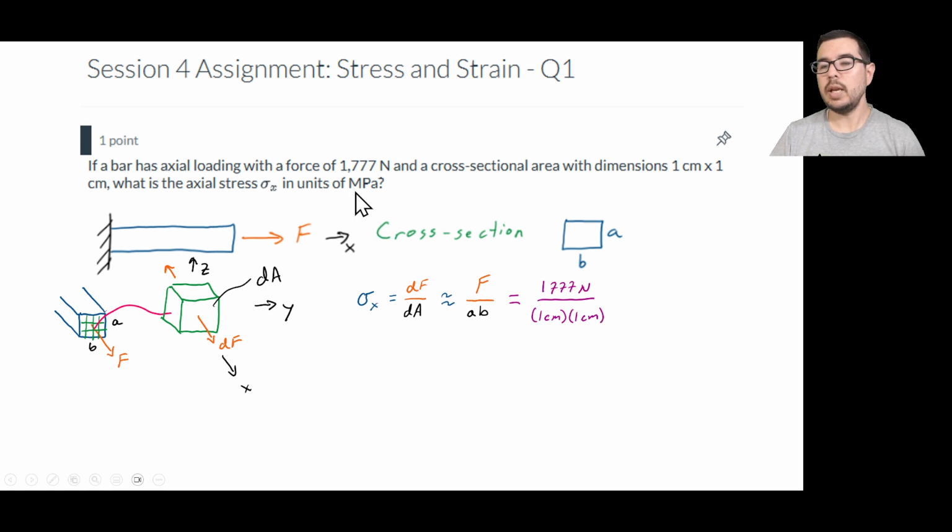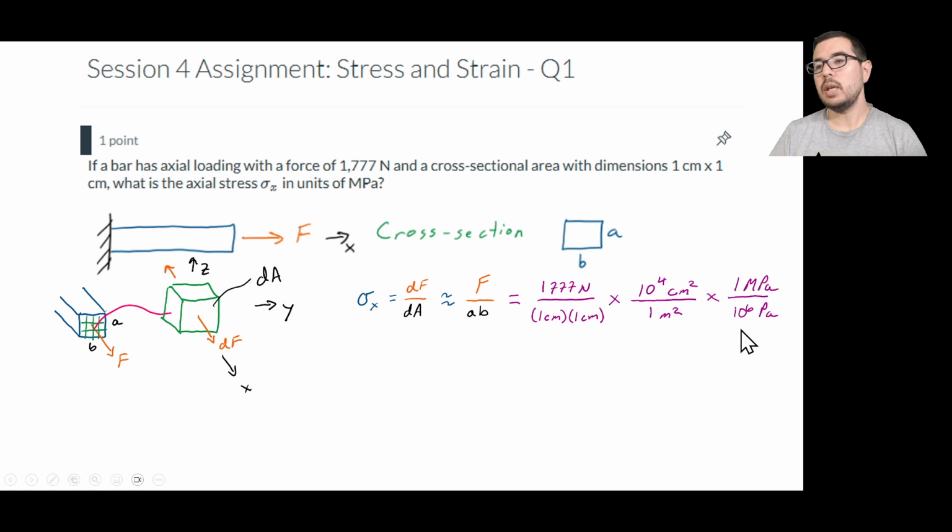Now note we want to have a final answer in units of megapascals. So what we might typically do is first convert to pascals and then multiply by a factor of 1/1,000,000th to get to megapascals. So here's the first step to get us to pascals or newtons per meter squared. And we see that the centimeters squared here will cancel out with 1 centimeter times 1 centimeter.